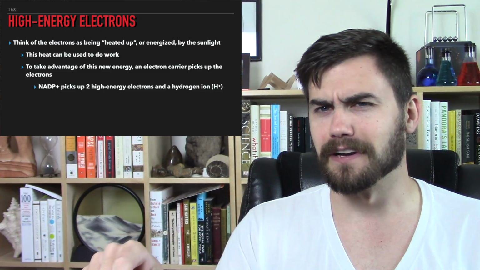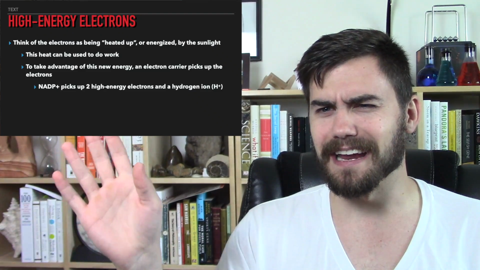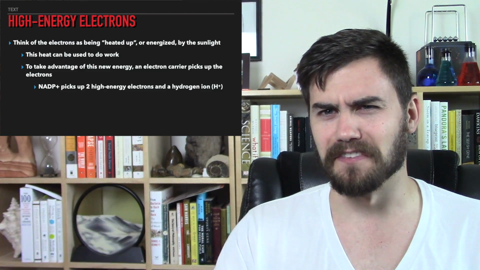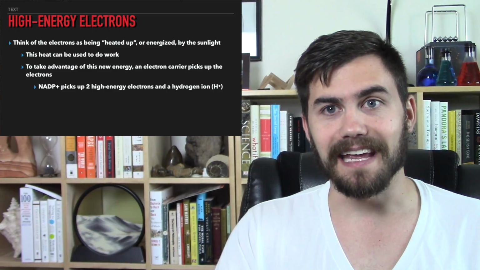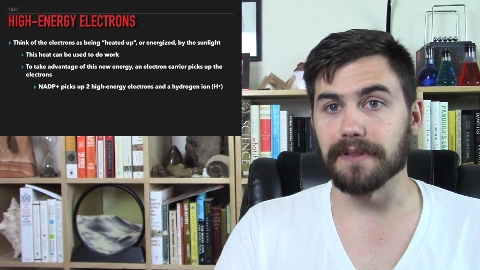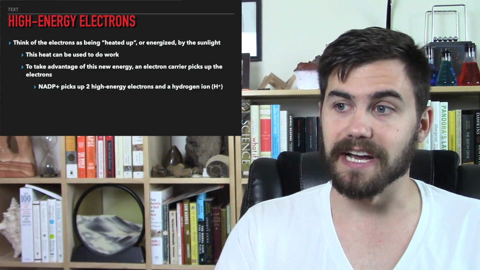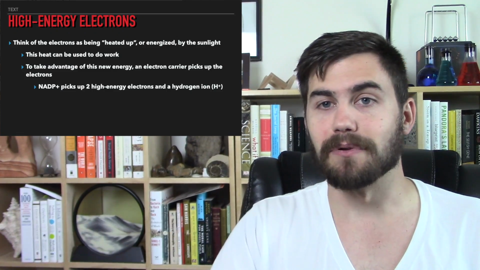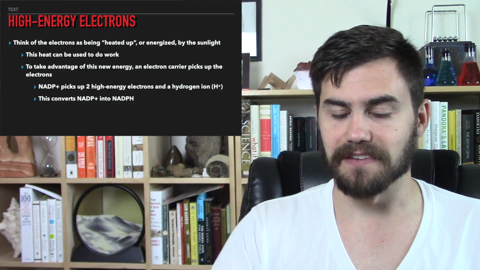It stands for nicotinamide adenine dinucleotide phosphate, something like that. Just call it NADP+. That plus indicates that it has a positive charge. So it's going to add 2 electrons, which are negatively charged, and a positively charged hydrogen ion. That brings it to neutral, and it becomes NADPH at this point.